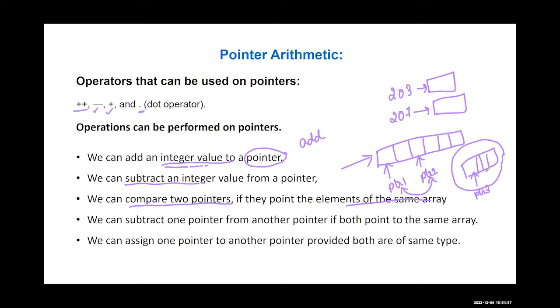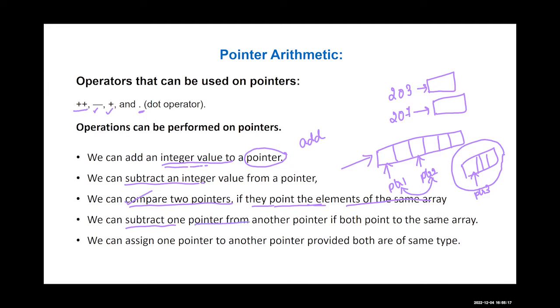Because we don't know at which part of the memory that particular array is going to get allocated. So that is the reason they should be pointing at elements of the same array if you want to compare them. We can subtract one pointer from another.